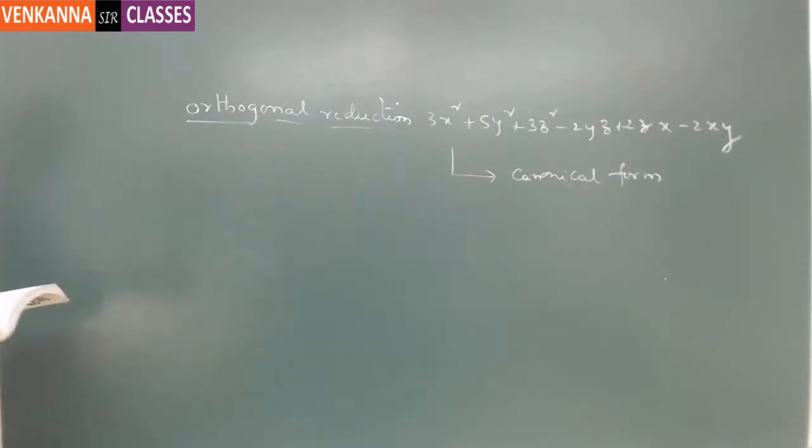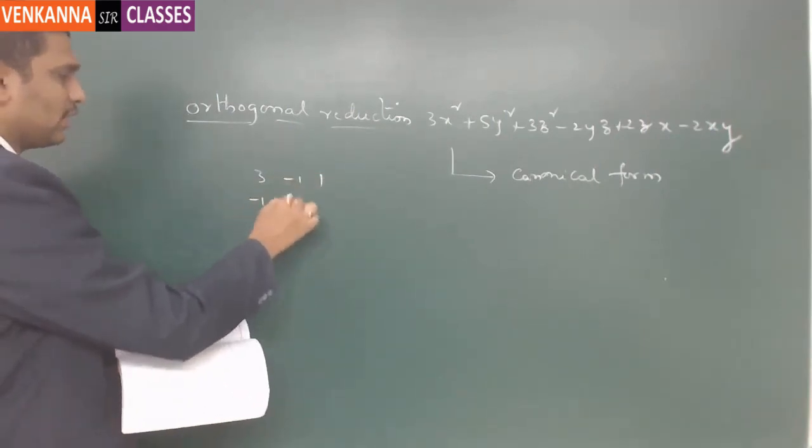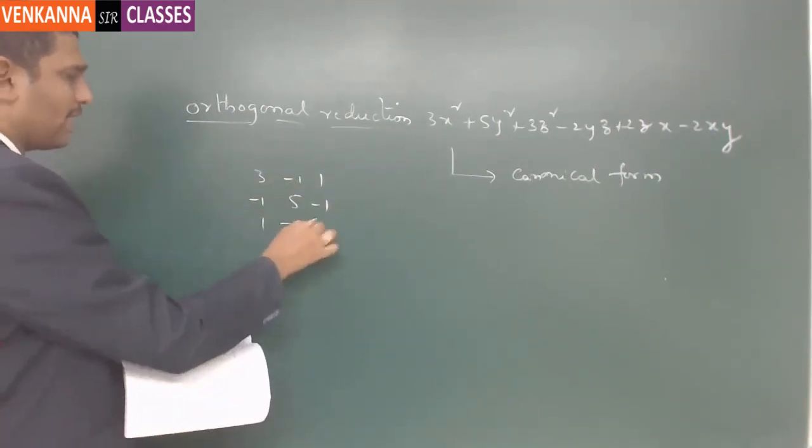The associated matrix with the given quadratic form is [3, -1, 1; -1, 5, -1; 1, -1, 3].